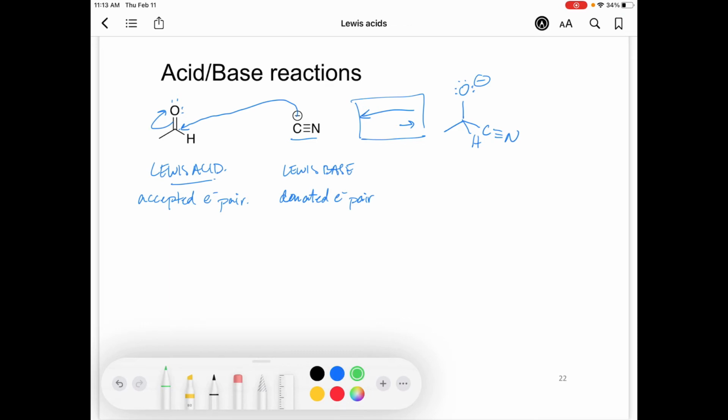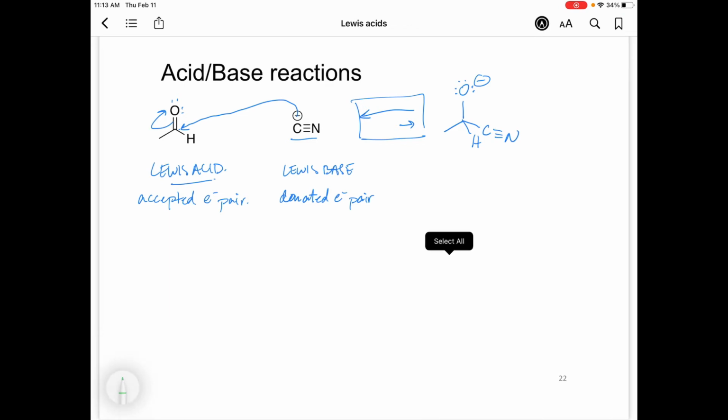So let's draw this here. So if we were to look at this cyanide anion, this is a base, and this is its conjugate acid. HCN is a weak acid, and its pKa is around 10.